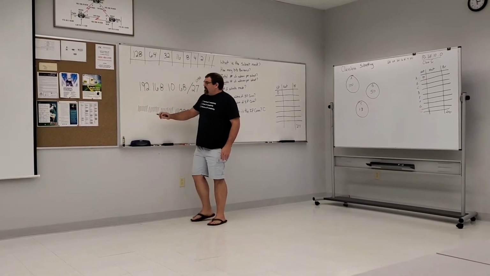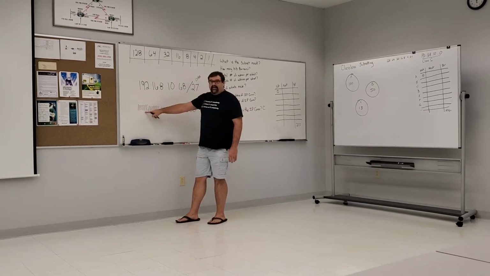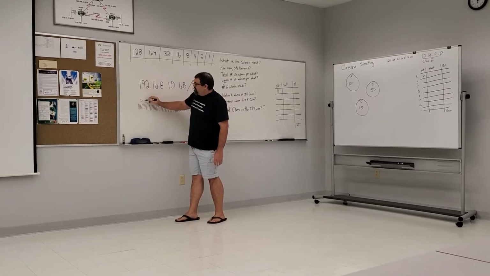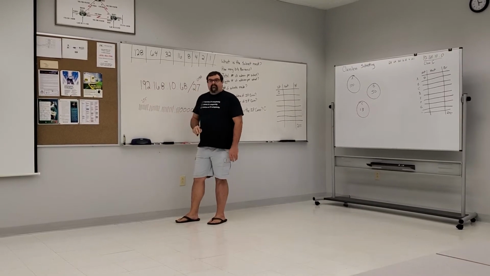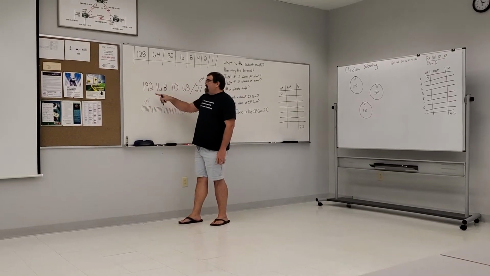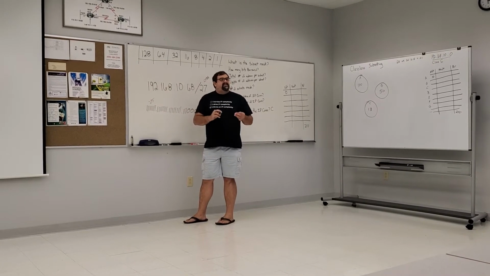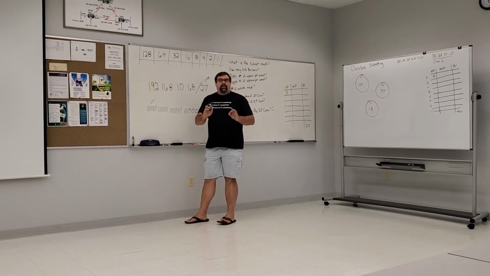Now, if you take all of the bits and you turn all of them on, that equals 255. And remember, in each one of these octets, there is 256 total addresses.